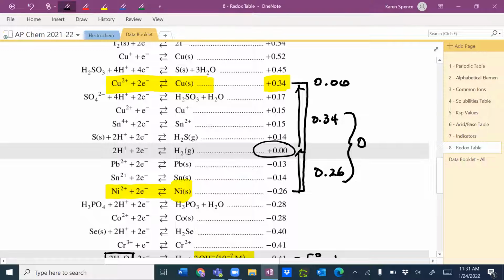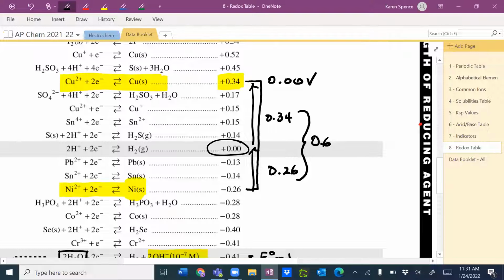And so we get 0.6 is the difference between those two. So if this was at 0 volts, then this guy down here would be negative 0.60 volts. Is that good? Okay.